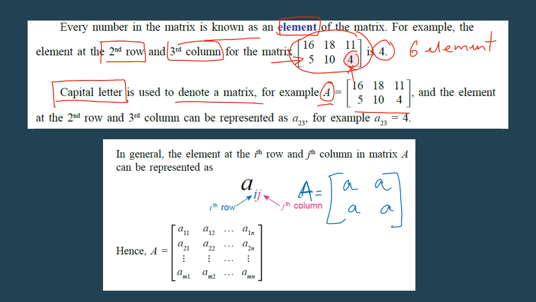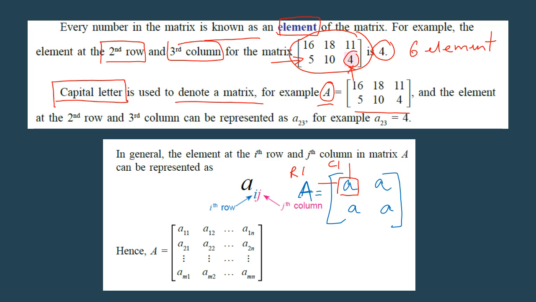To differentiate it, you just use the location. Let's say for this one, it is on the first row, row 1 and column 1.